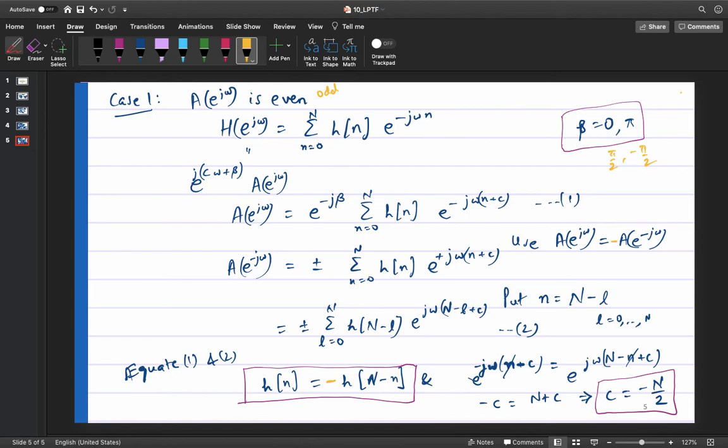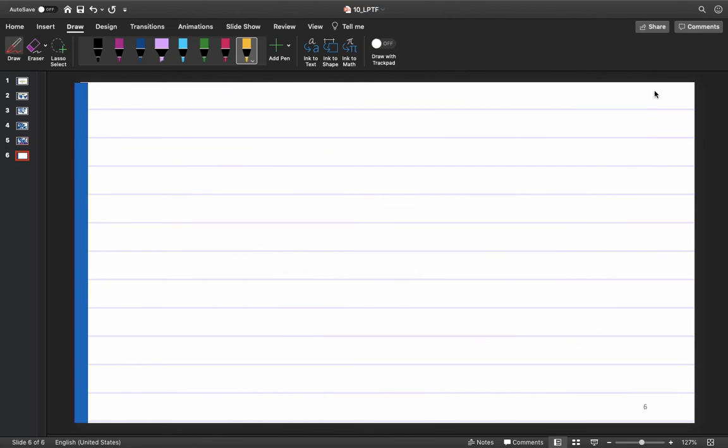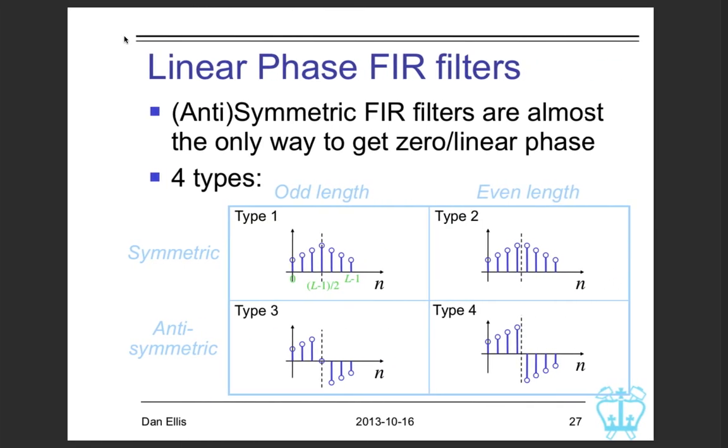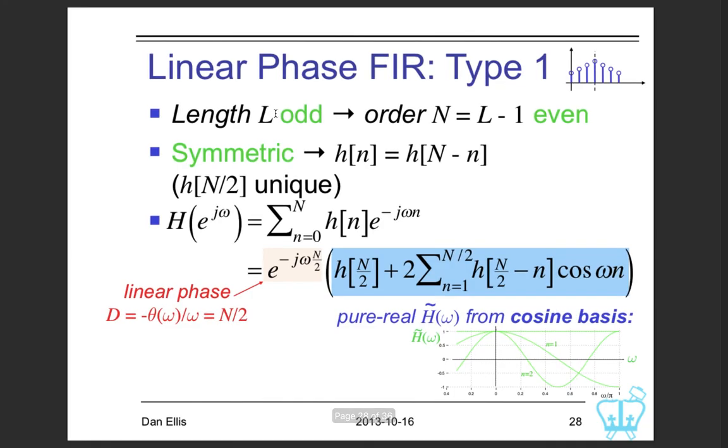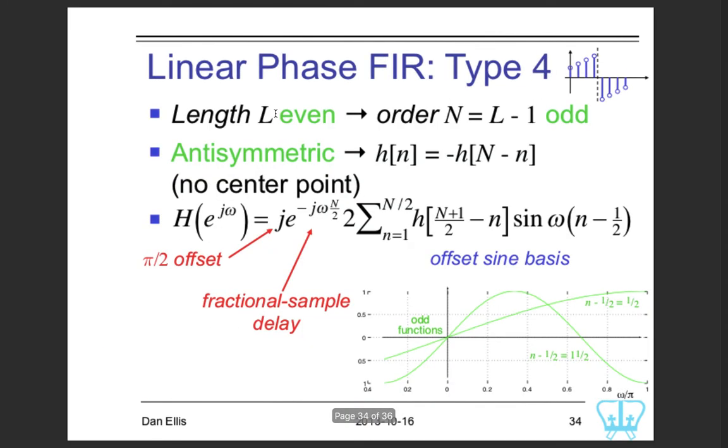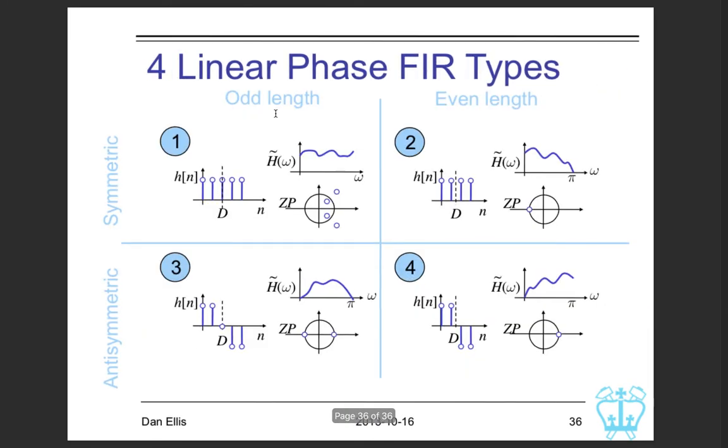So based on these, we can define 4 kinds of filters. I think in the slides you can see there are 4 types of filters defined. So let me go to this figure, which you have in your slides. So one is where you have symmetric A, my A is symmetric or it's an even function, and when it is odd function.